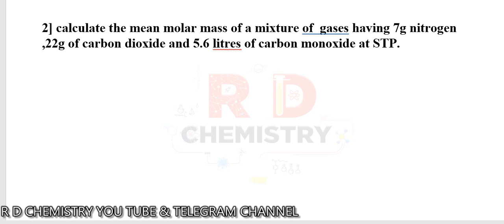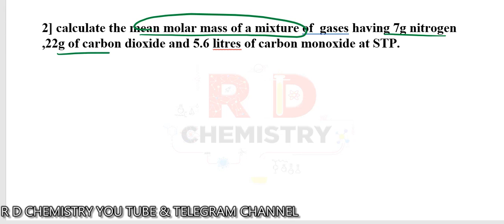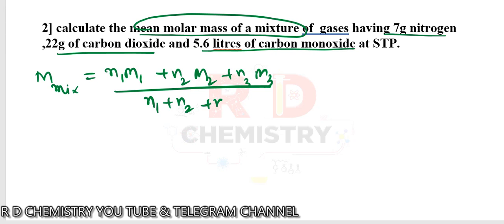Next question: calculate the mean molar mass of the mixture of gas having 7 grams of nitrogen, 22 grams of carbon dioxide and 5.6 liters of carbon monoxide at STP. Using the previously given formula, molar mass of mixture is equal to, if there are three gases, N1 M1, N2 M2 and N3 M3, number of moles multiplied by molar mass divided by the total number of moles N1 plus N2 plus N3.